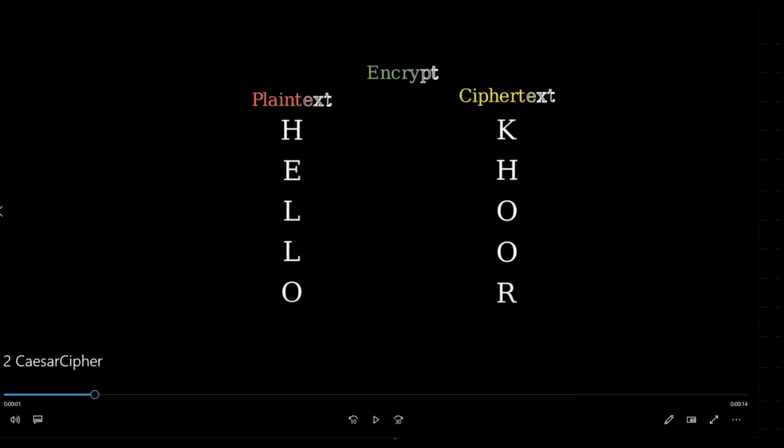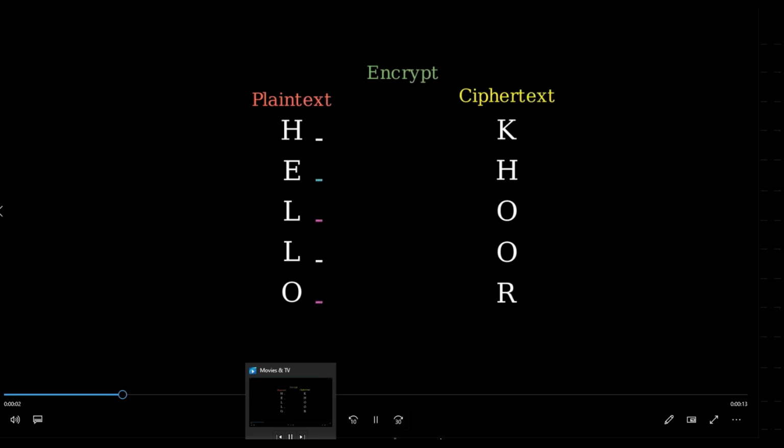Here, the encryptor has a domain called plain text, which has HELLO. At the codomain, we are looking at KHOOR, called ciphertext. Let's see what maps to what.